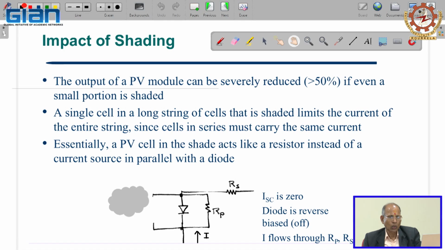Basically, in the PV solar cell model you have seen, when a cell is shaded, it is not contributing any current. It means that it becomes an open circuit.